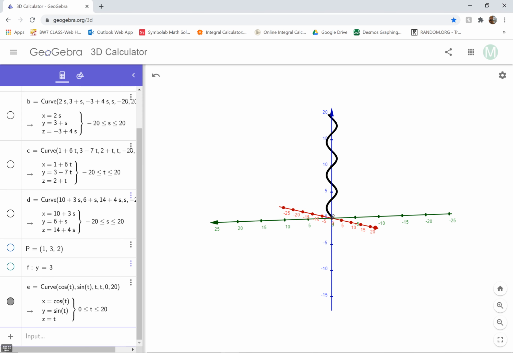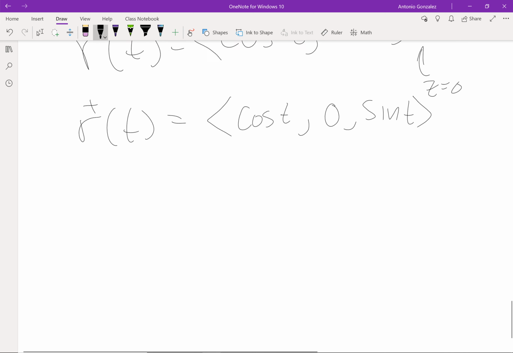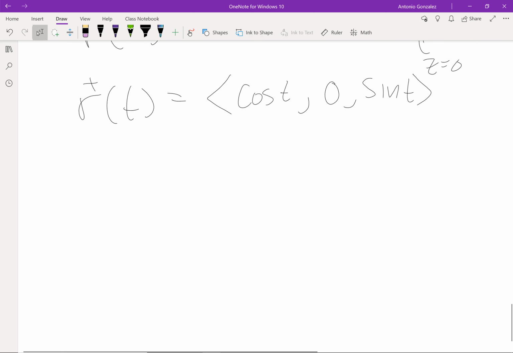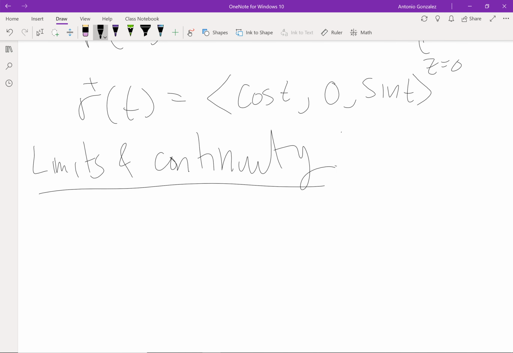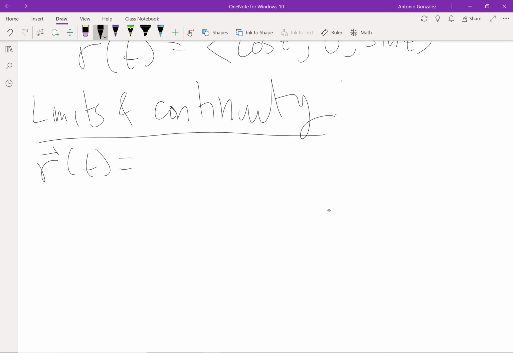Okay, so to wrap this section up here, I want to define, similar to Math 1, the idea of limits and continuity. All right. Okay, so what does it mean here when we have r of t equal to some function, x of t, y of t, z of t?